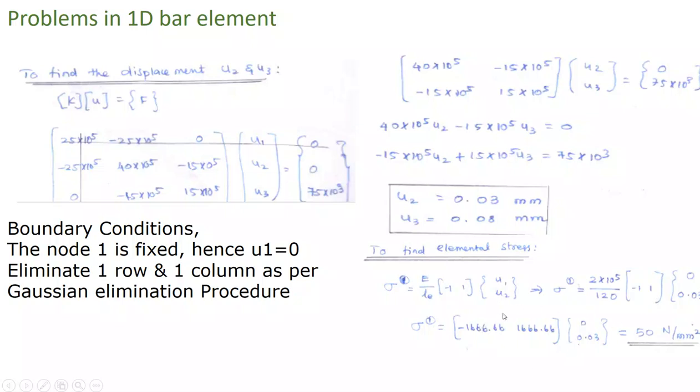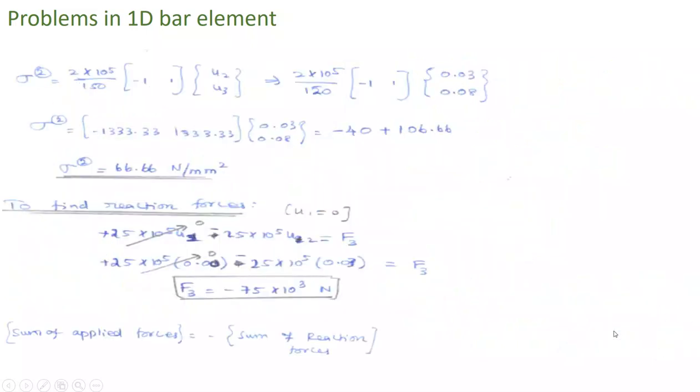Then multiplying these two matrices, minus 1666.6 into 0 plus 1666.6 into 0.03 gives 50 Newton per mm square. So this is the stress of element 1.